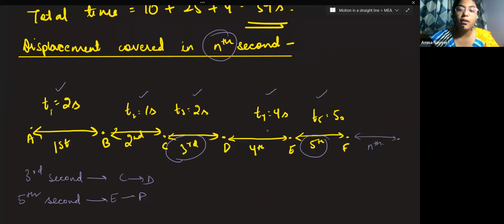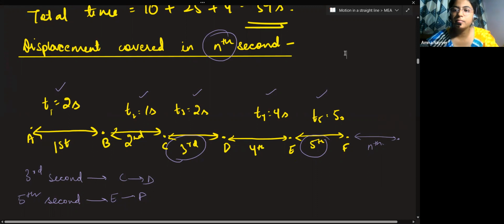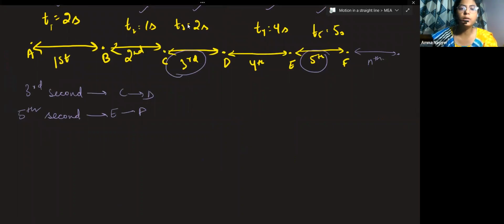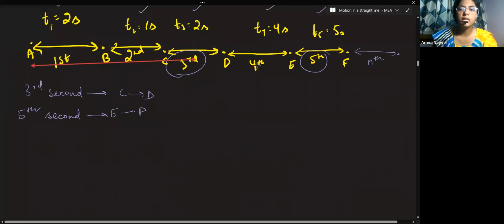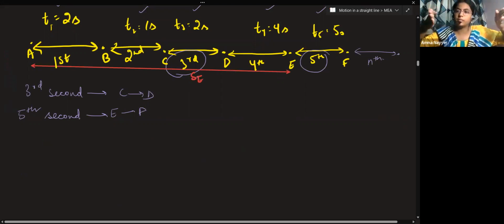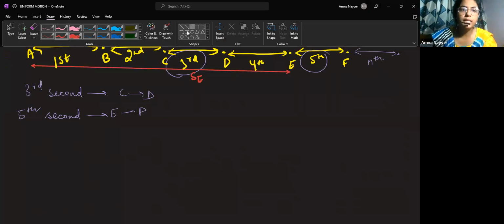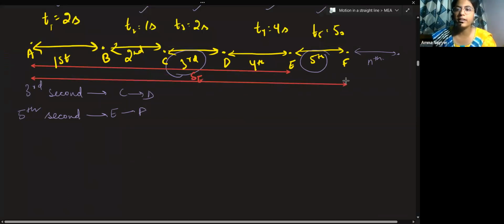Right now see, we have to find the displacement from E to F. So let's say the total displacement that is covered from A to E point, this whole, is SE. And let's say the total displacement that is covered from A to F point is SF.